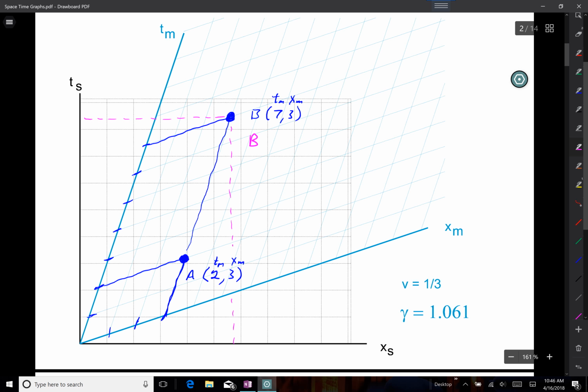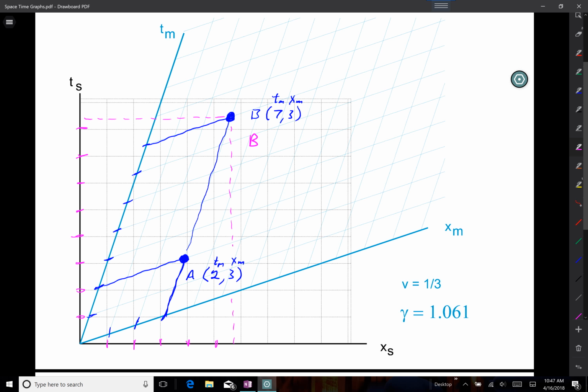And you should hopefully be able to see where B is in time in the perpendicular reference frame. It's at 1, 2, 3, 4, 5, 6, 7, about 8 1/3. And in position, it's 1, 2, 3, 4, 5, 5 3/4.